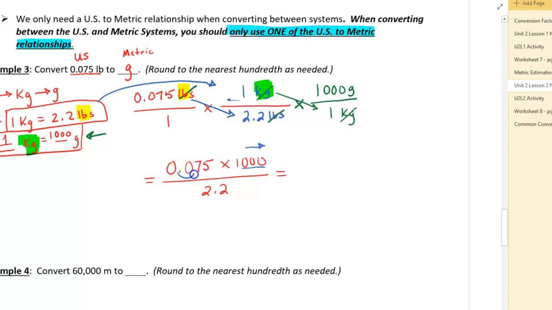So we're going to go 1, 2, 3. That's going to give us 75 over 2.2. So now we do need to get our calculator out. So we're going to do 75 divided by 2.2, and that gives us 34.09, and that is grams.